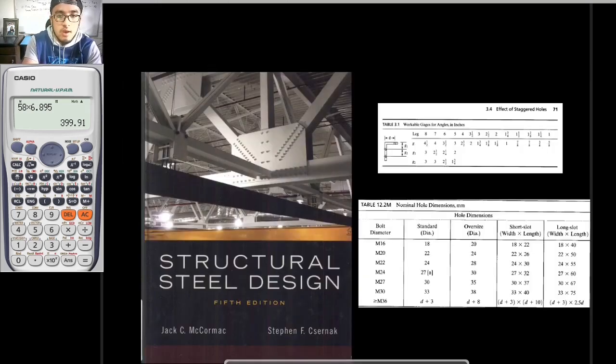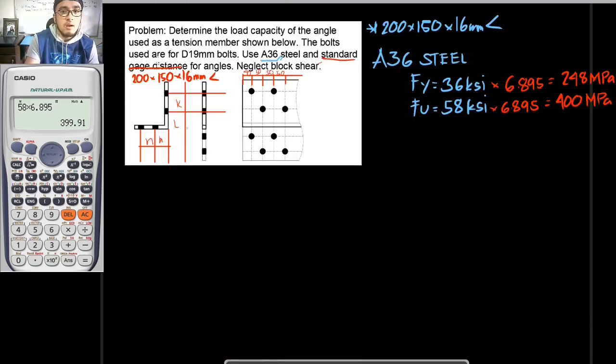So if you can remember our reference file right here, this would be the workable gauges of angles in inches. As you can see here, it is said that it should be in inches. Based on this, these are all in inches. From here, our angle is 200 by 150 by 16, and we are to convert this to the nearest inches.